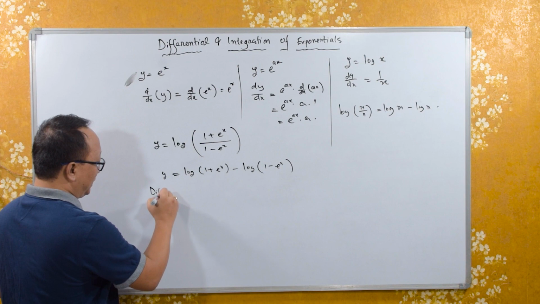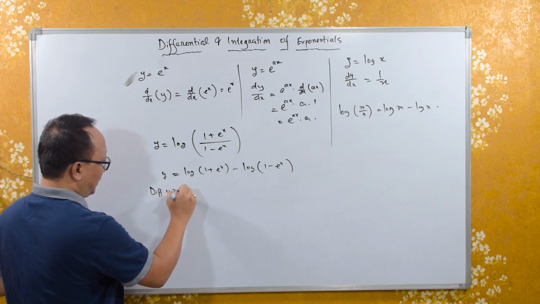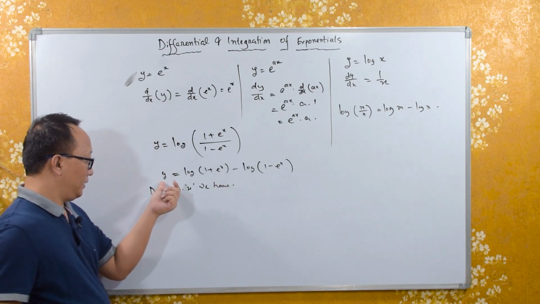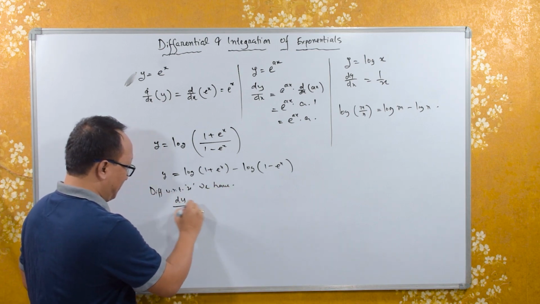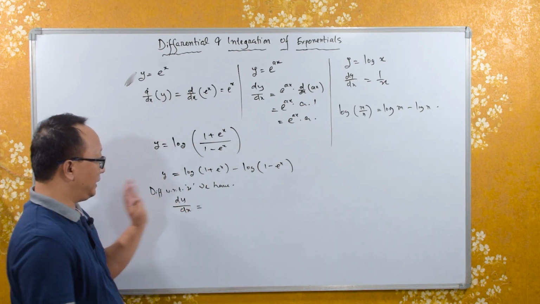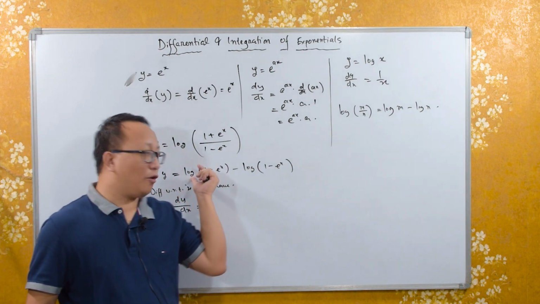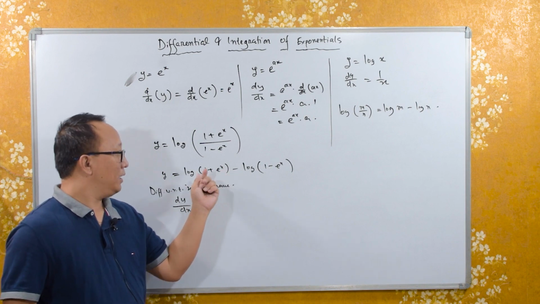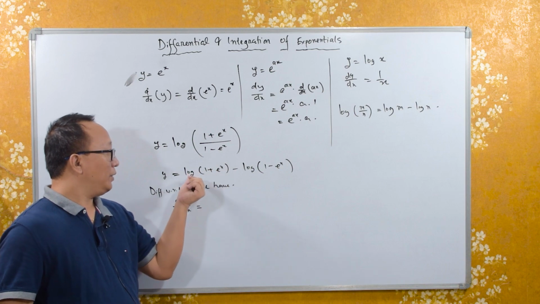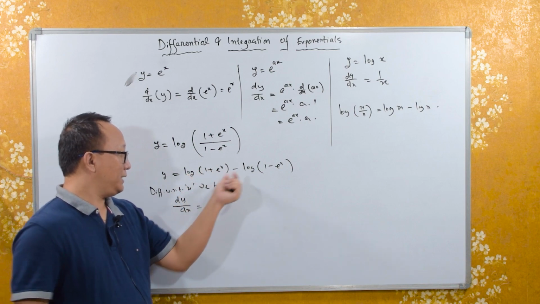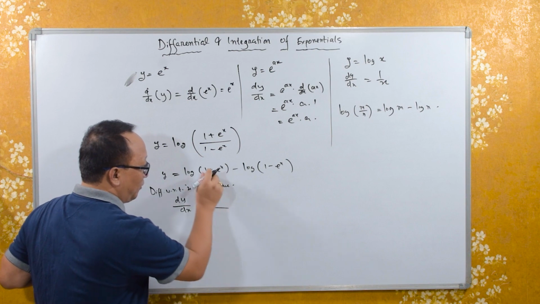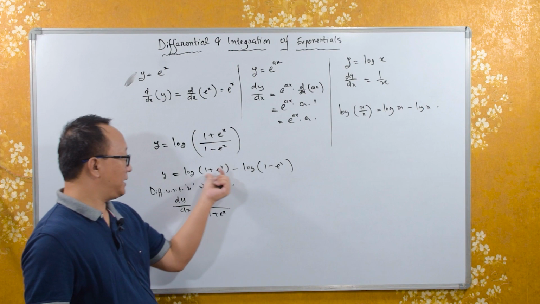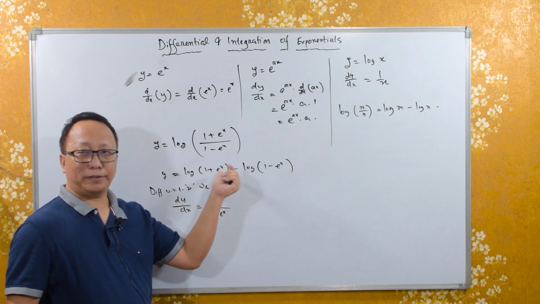Differentiating with respect to x, we have dy by dx on the left hand side. On the right hand side, we have log of 1 plus e raised to x. You can consider this as some term, or you can say u. So the derivative of log of this is 1 upon whatever it is, 1 plus e raised to x, again differentiated with respect to x.